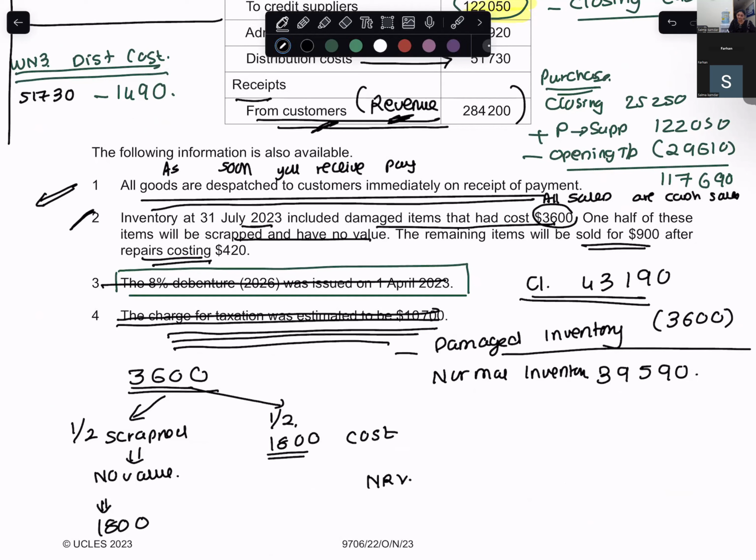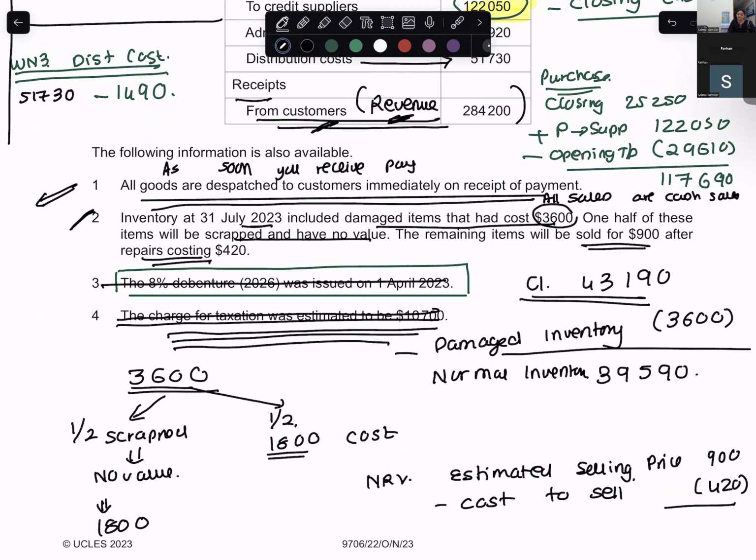So it's estimated selling price minus cost to repair, cost to sell. So what is the cost to sell? Sold is 900.